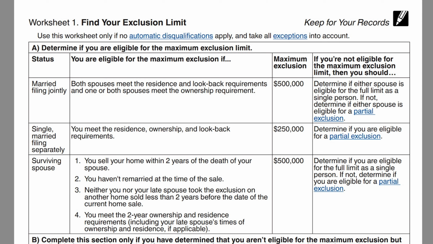The other consideration is that a lot of people might not properly calculate the amount of their capital gains. Technically, the basis of your house is not related to your outstanding loan balance, and it's not related to just how much you paid for your home, although that's the starting point. You can also add any costs at closing.